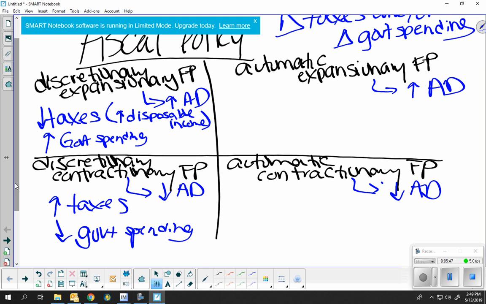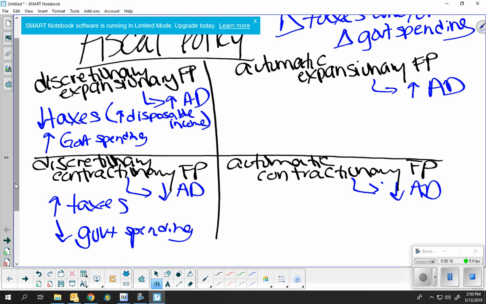All right, let's talk about automatic policy. Remember, this is where taxes and government spending are changing, but not on purpose. So, Ryan, explain more about the tax cuts thing. The tax brackets: depending on how much income people have, they pay different tax rates. What is that called? Our tax structure. Progressive and regressive. Okay, so the more money you make, the higher the percentage that is taxed.